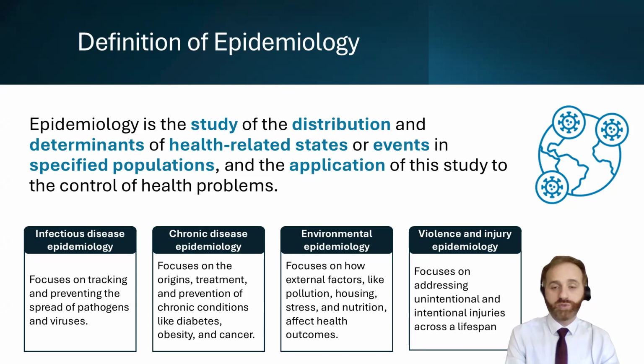The other form is environmental epidemiology, where the focus is on how external factors such as pollution, housing, stress, or other nutritional problems affect the health outcomes of certain populations. Another form is violence and injury epidemiology, where the focus is on addressing unintentional and intentional injuries across the lifespan.